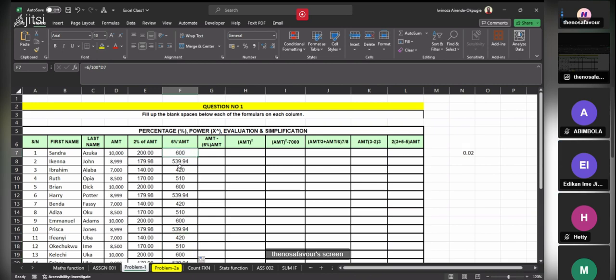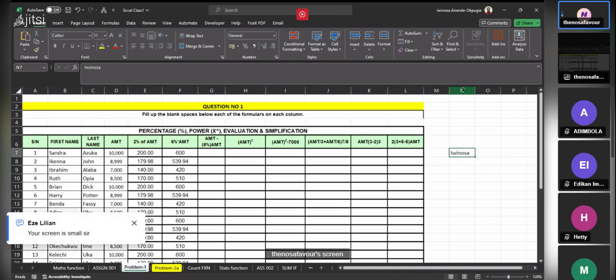All right, so I was trying to explain that. Let's take for example, I'm sure we know my name, right? So I'll just put my name is Irinosa. I want to reference this particular cell.